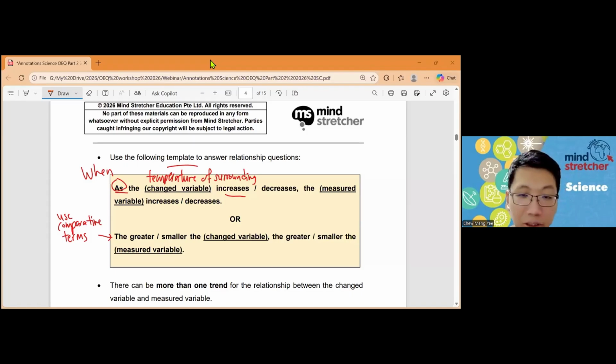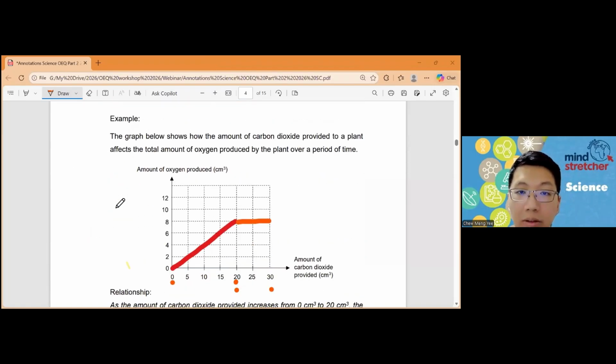They can give you one trend, they can give you two trends. I wouldn't say it's guaranteed. It's not guaranteed, but they say it's a high chance. More often.